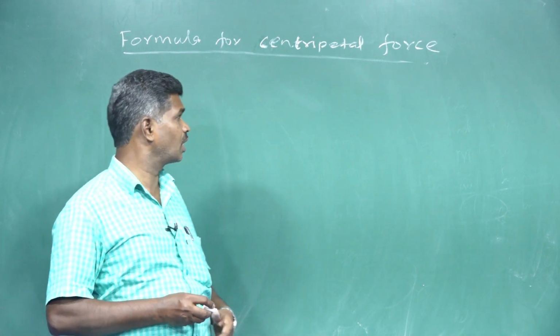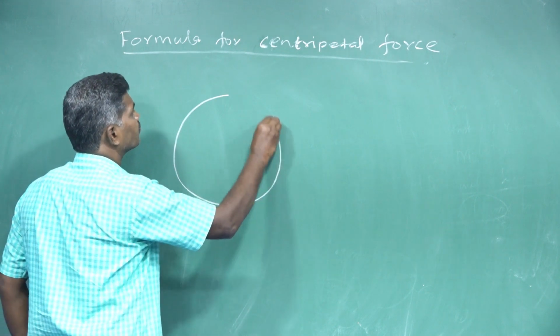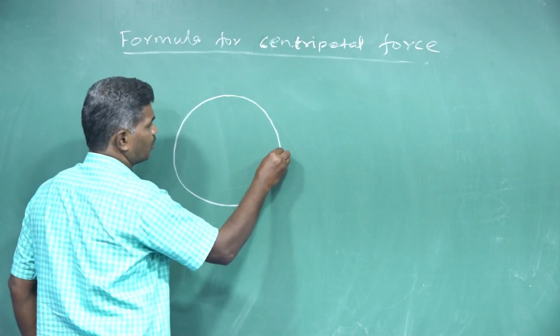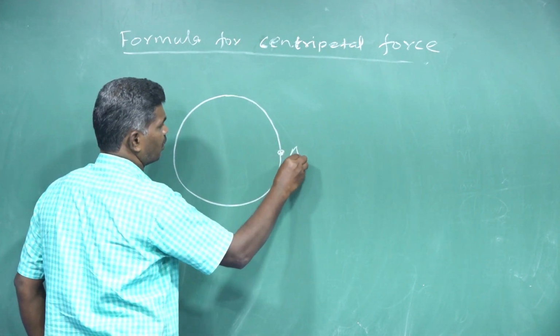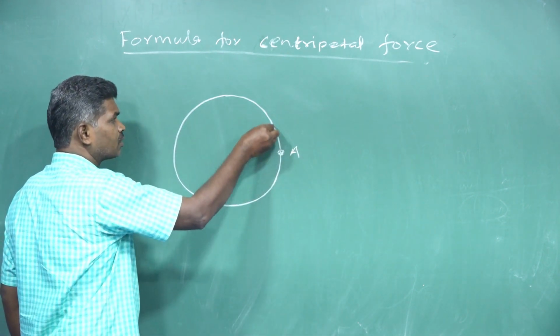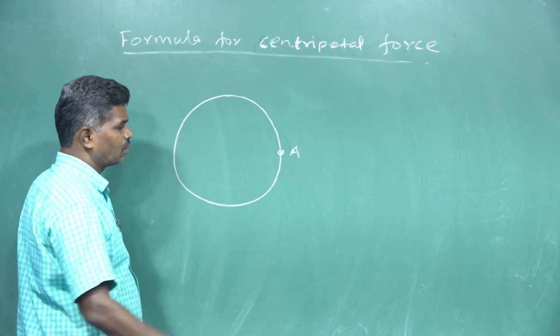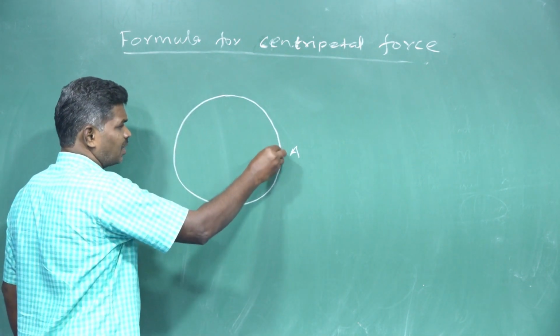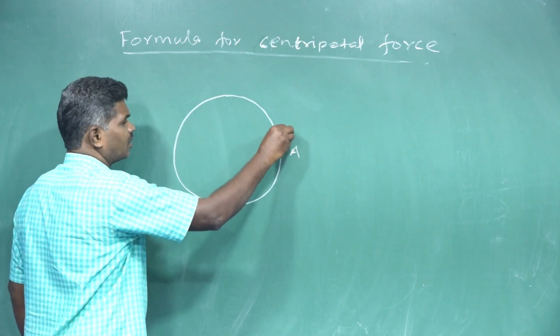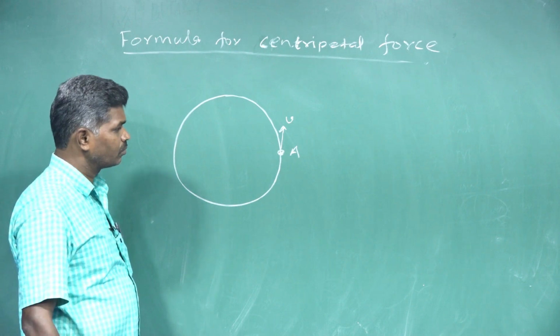So we can take one circular path. If a particle is here, represented as A, and it moves along the circumference of that circular path, at each and every point its velocity V acts in the tangent direction.